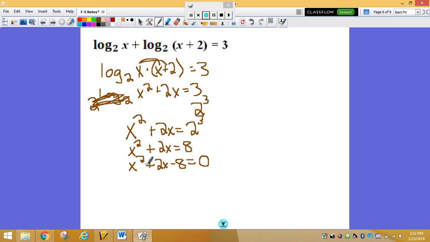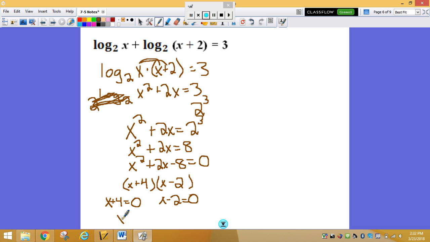This is factoring. We want to figure out what we can multiply to get negative 8 and add to get 2. It ends up being a positive 4 and a negative 2, because 4 times negative 2 is negative 8, and 4 plus negative 2 is 2. To solve this, we're getting back into algebra, we set them both equal to 0.